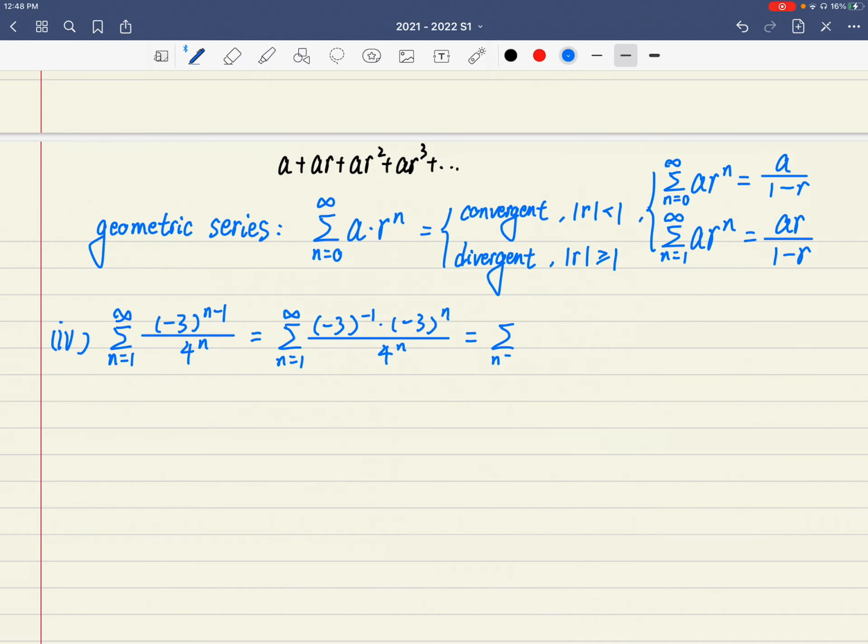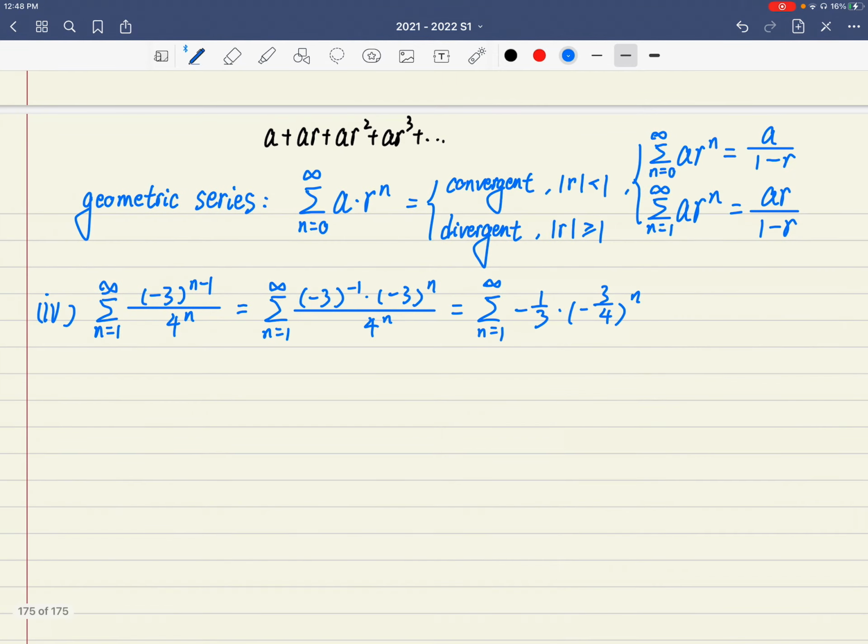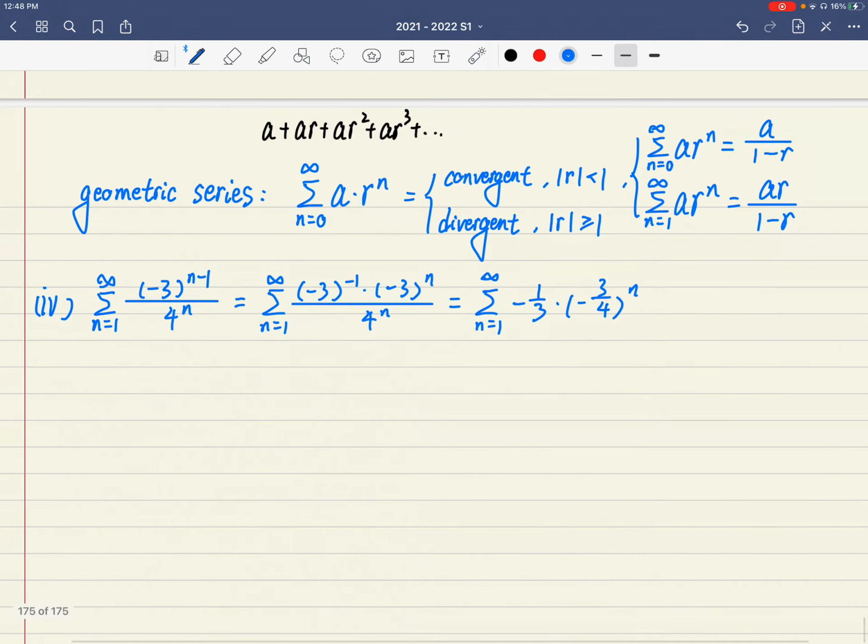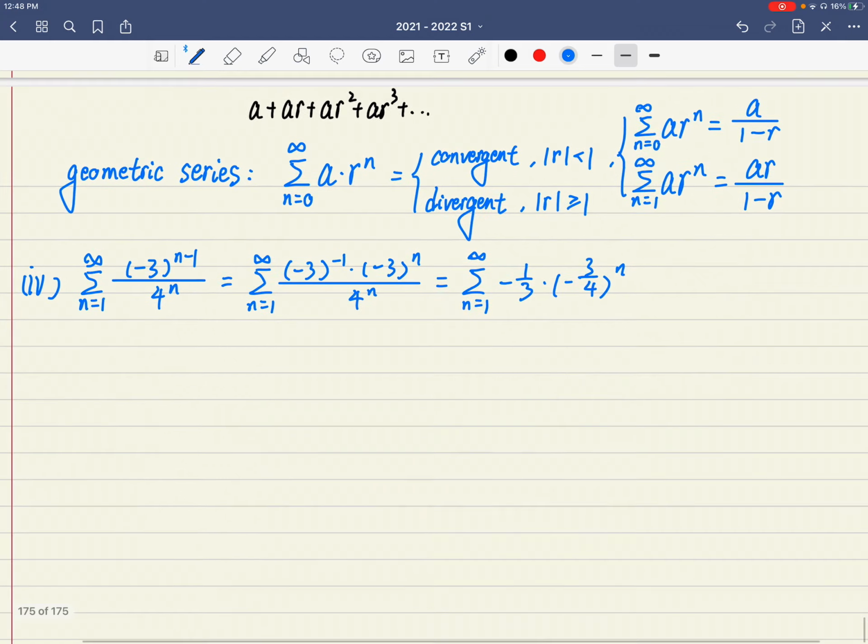Negative 3 to the power of negative 1 is just negative 1 over 3, times negative 3 over 4 to the power of n. Now if I write it this way, it's quite clear. This is my a, this is my r, to the power of n. All I need to do is check whether the absolute value of r is smaller than 1 or not.